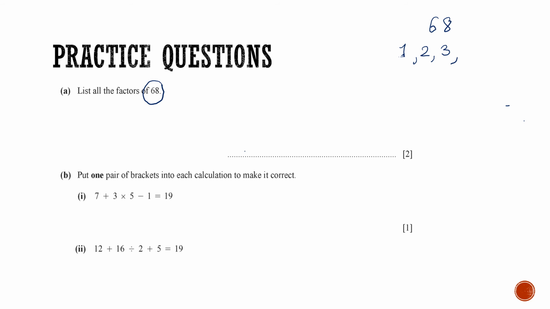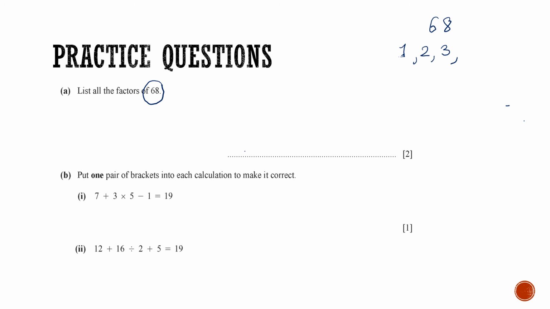What about 8? 68 divided by 8? Nope. What about 9? I don't think so. What about 10? Nope. 11? Nope. 68 divided by 12? Nope. What about 13? Nope. So yeah, this is how you basically go about it.